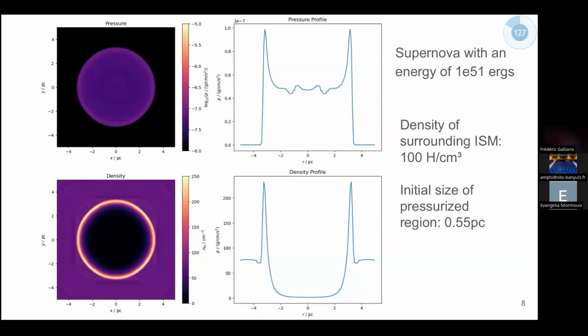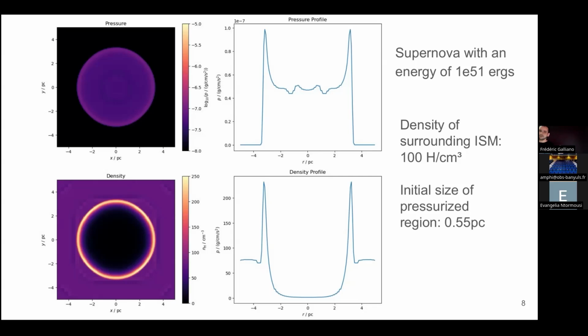Okay, so we had some nice movies, but sadly this is a PDF. First of all, we have a simulation of a very normal supernova with 1 times 10 to the 51 ergs. The surrounding medium is 100 hydrogen per cubic centimeter, and the initial pressure inside.